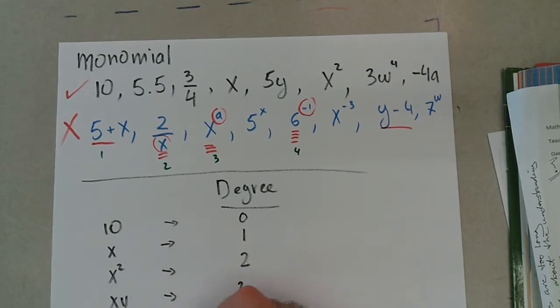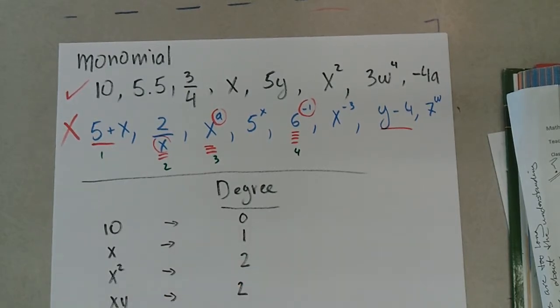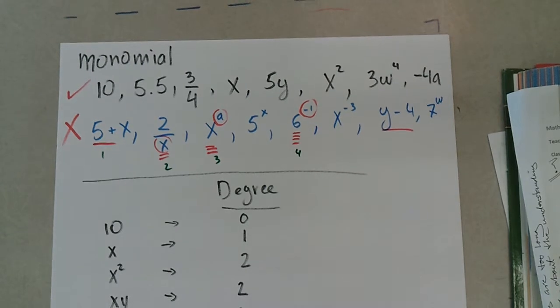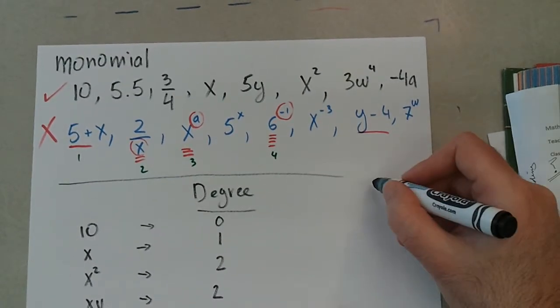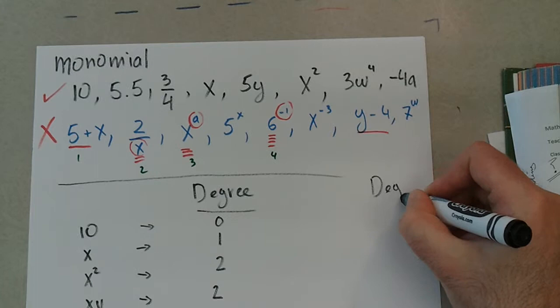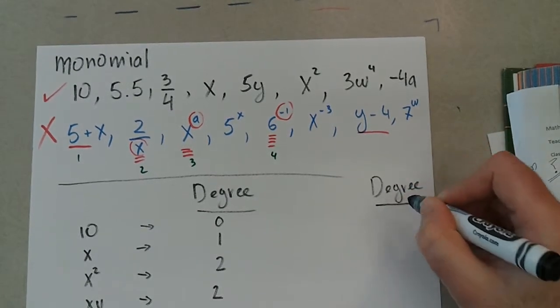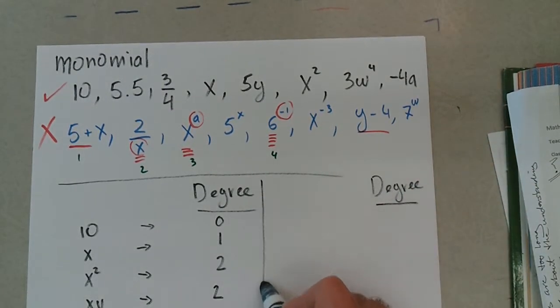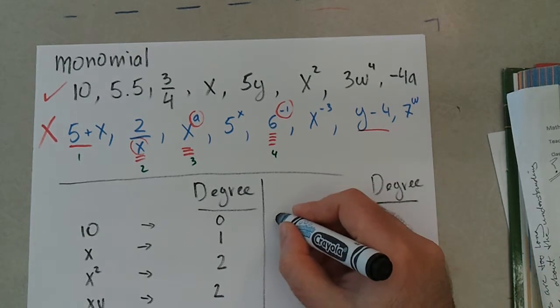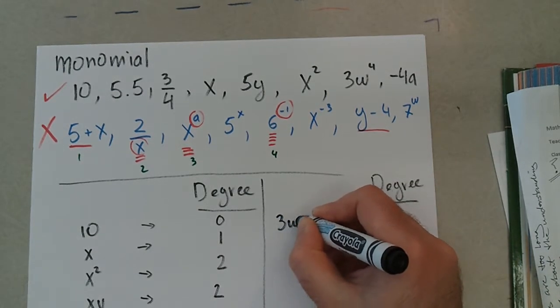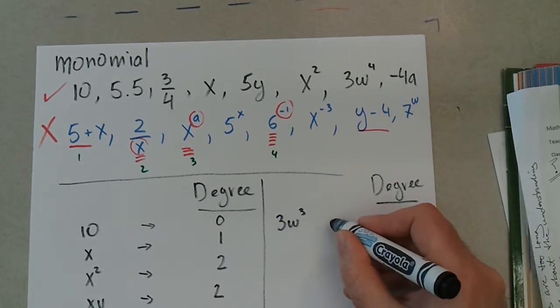What if we take something like 2w? Well, here the constant doesn't count. The constant only contributes a degree of 0, so only the w does. The w is the first power, so that's a degree of 1. Let's do a few more examples. How about we take 3w to the 3rd power?